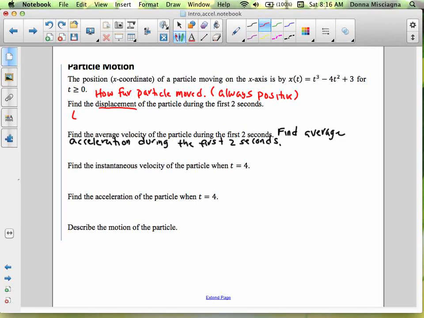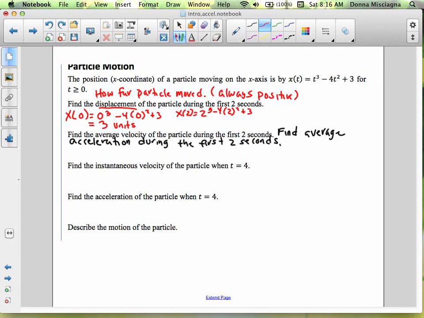So at x of 0, the particle is at 0 cubed minus 4 times 0 squared plus 3. Of course, it's at 3 units, whatever the units are. All right, so now let's find it at 2 seconds. So that would be x of 2 equals 2 cubed minus 4 times 2 squared plus 3.